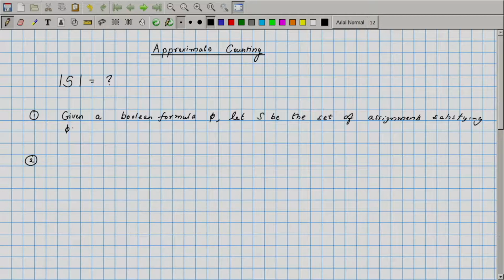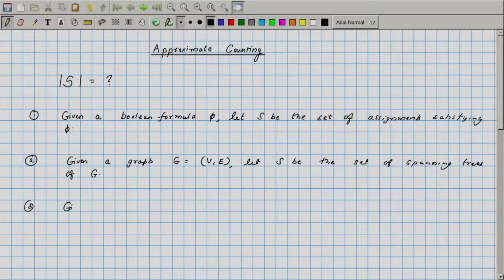Another kind of counting problem could be: given a graph G equals (V, E), let S be the set of spanning trees of G. A third example could be: given a bipartite graph, let S be the set of perfect matchings in it.